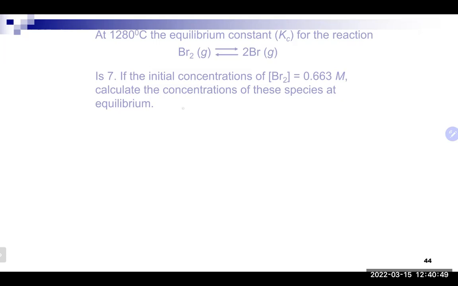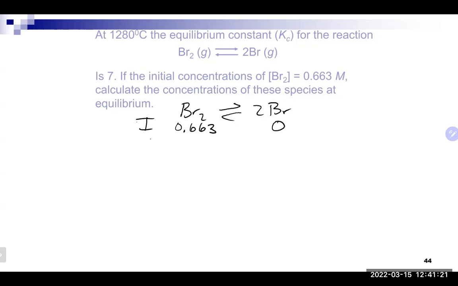So we usually will take the equation here, and we will initially put what was given to us, which in this case is 0.663. Now, in a lot of problems, we sometimes are not given anything on the product side. And in those situations, it's pretty much safe to assume that you are starting with 0.